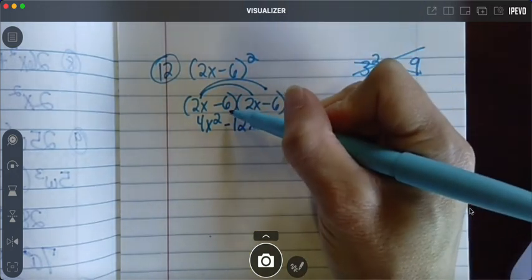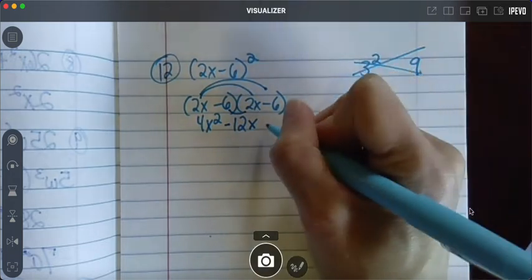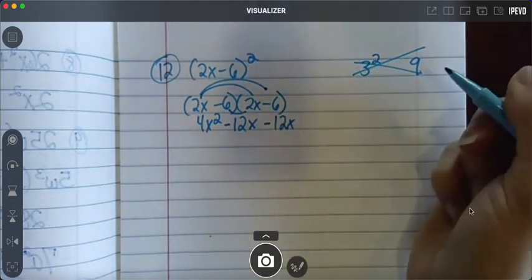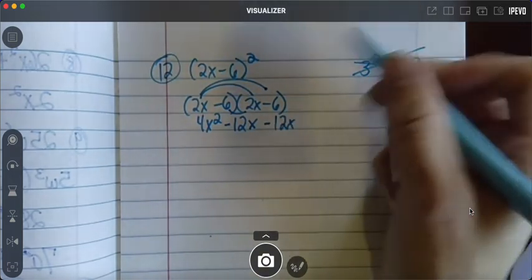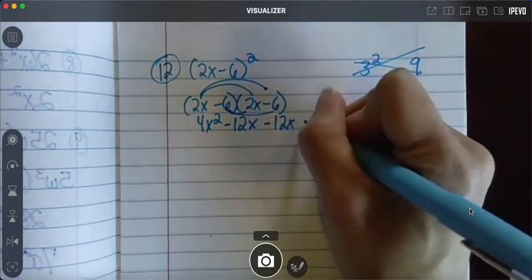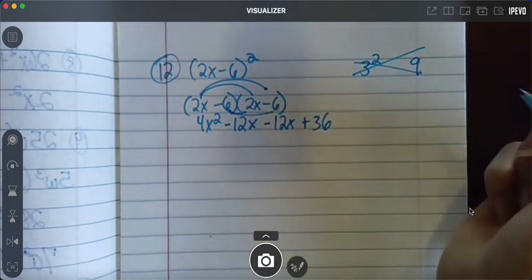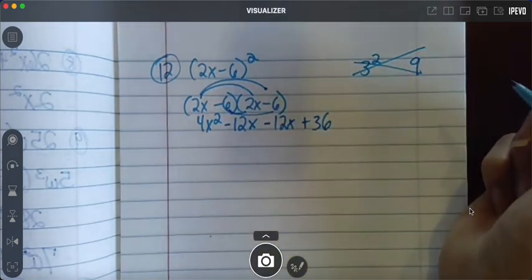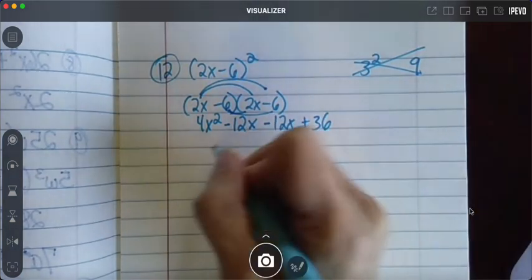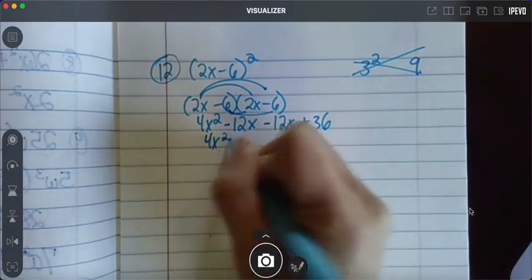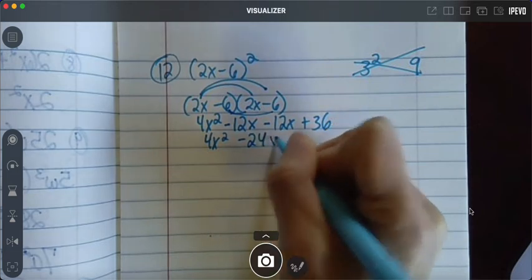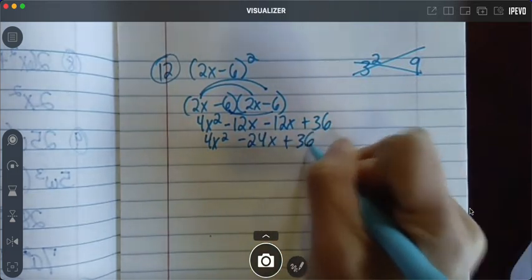And then again, negative 6 times 2x is negative 12x. And then negative 6 times negative 6 is a positive 36. Okay? And then I would write 4x squared minus 24x plus 36.